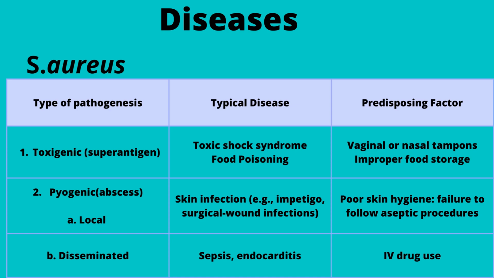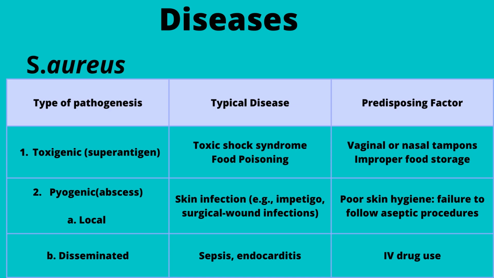Both toxins act as superantigens and induce the release of cytokines from macrophages. Toxic shock syndrome is basically caused in vaginal and nasal tampon users, and food poisoning is caused when there is improper food storage or poor hygienic conditions.